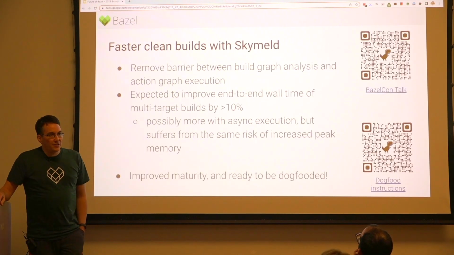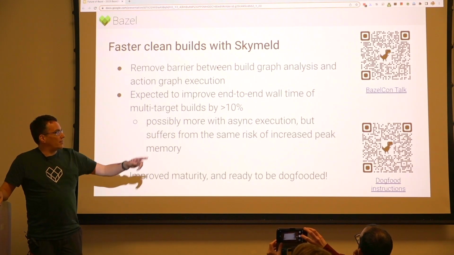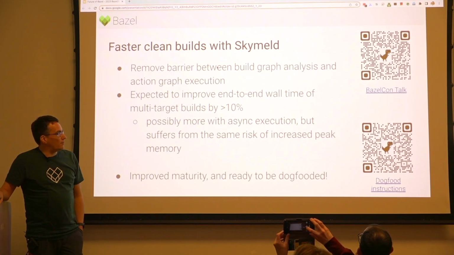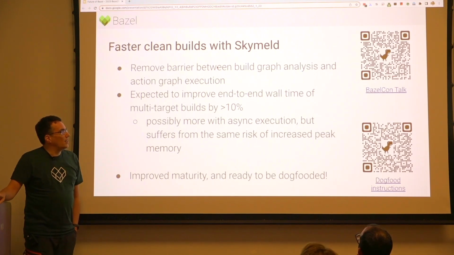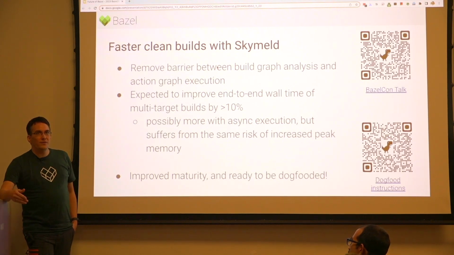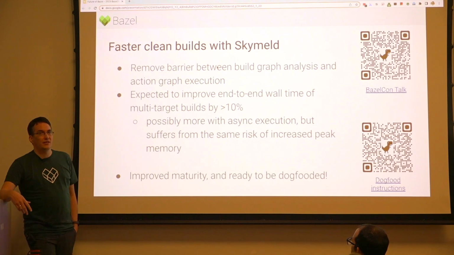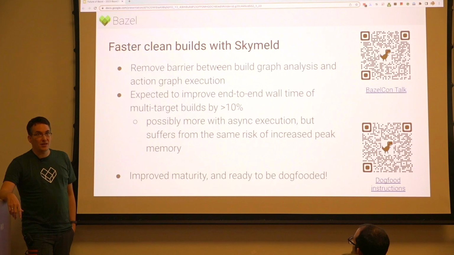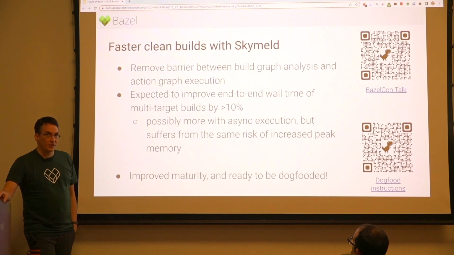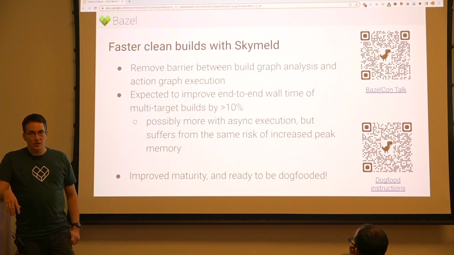Joe gave a presentation on SkyMelt at BazelCon. If you haven't watched it, there's the QR code. The top one is to his talk. Just in one sentence, the idea is to remove the hard barrier between analysis and execution and already start executing those actions that are ready to be executed after we analyze part of your build graph, where part of your build graph means the whole transitive closure of one top-level target.